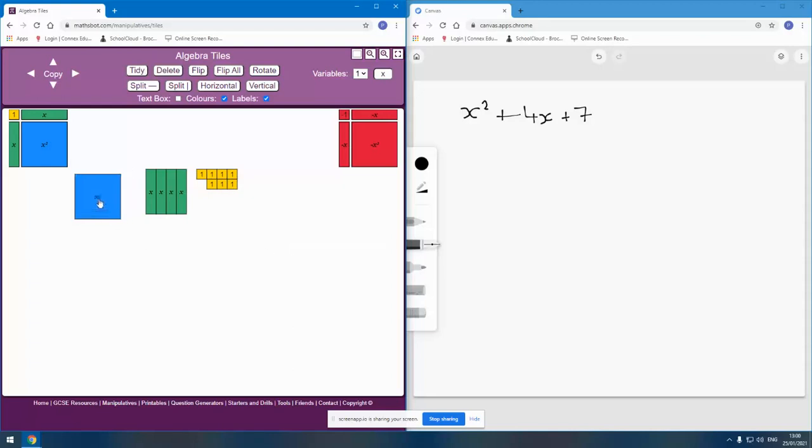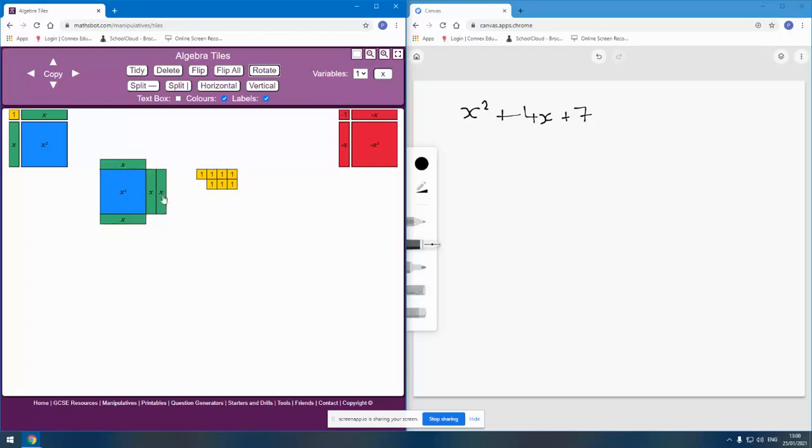You might get kids combining these in all sorts of fun and interesting ways, but eventually, if they are used to expanding and factorizing quadratics with these tiles, then what you'll end up with is potentially something that looks like this. So you'll have an x squared, and then you'll have the 2 x's here and the 2 x's there.